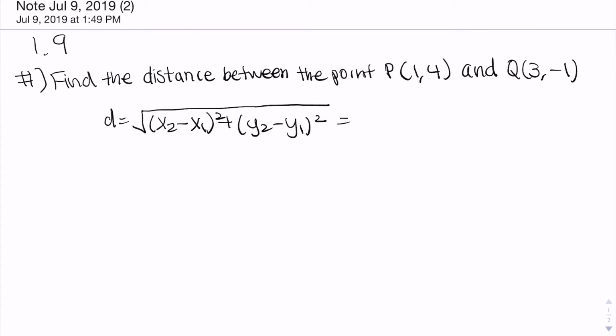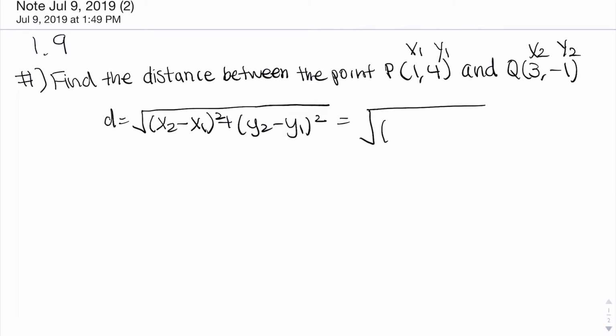So let's label these points. So this is x1, made a mistake, y1, x2, y2. So now all you have to do is plug it into the formula.